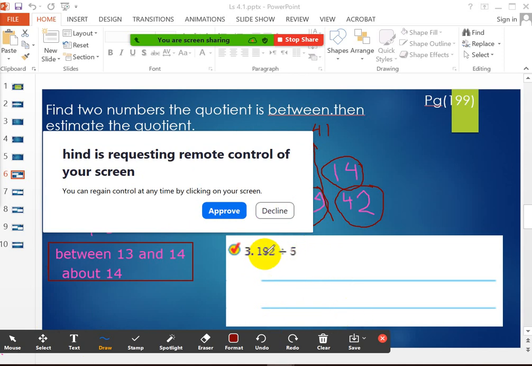Okay, 192 divided on 5. Also here I want to divide this number on 5. So I will use multiples.